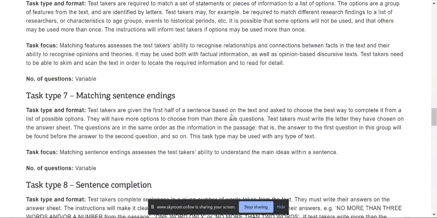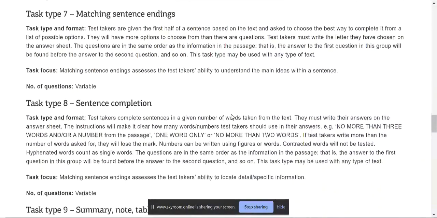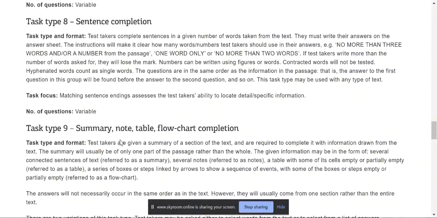We will see all the types of questions in different passages. Here we have summary, note, table, flowchart, completion. What does it mean? It means you should read the passage.